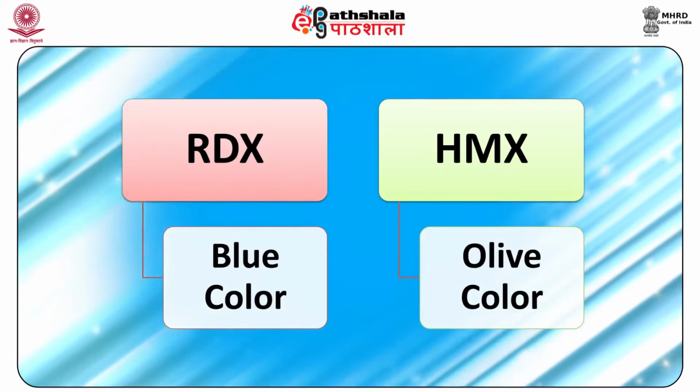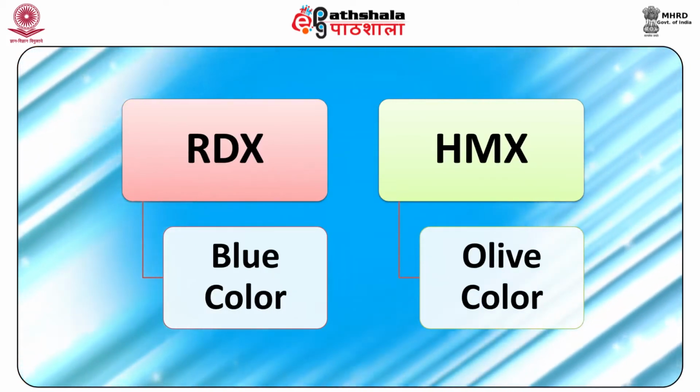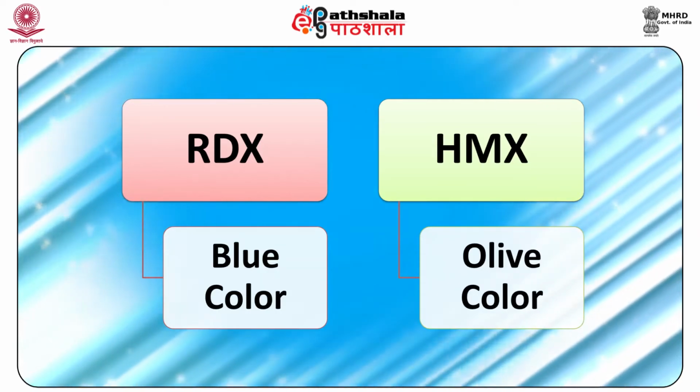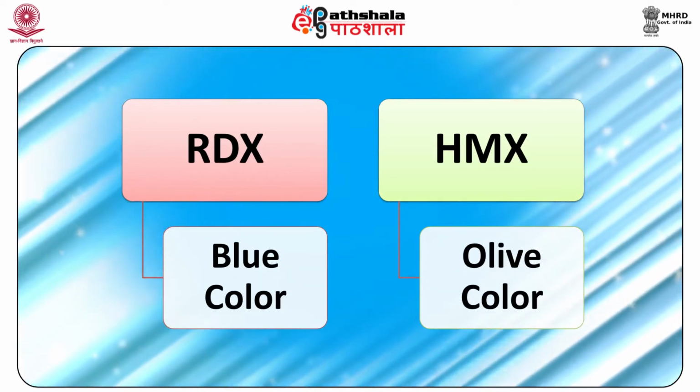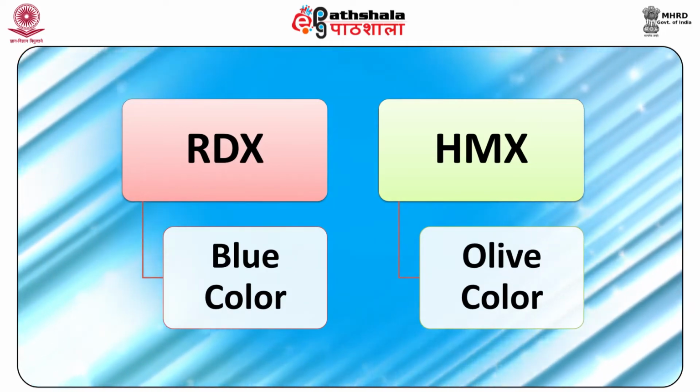Then observe the color. The RDX will give blue color, whereas HMX will result in olive color. So in the earlier test both of these were giving the same blue color, but here you are getting different colors. This is how you can differentiate RDX from HMX.